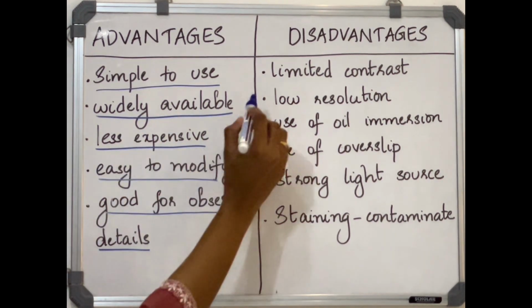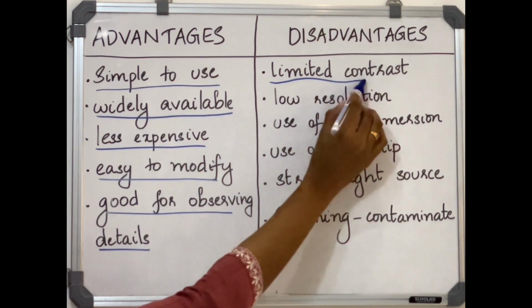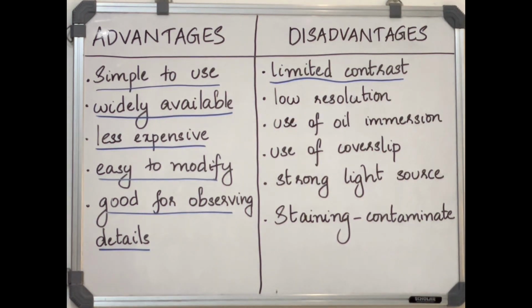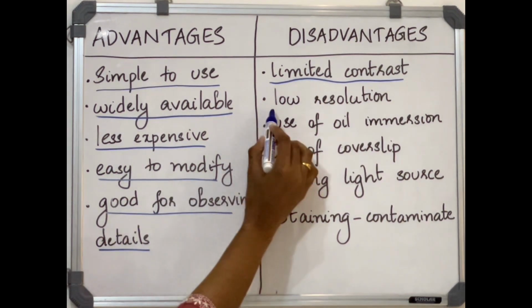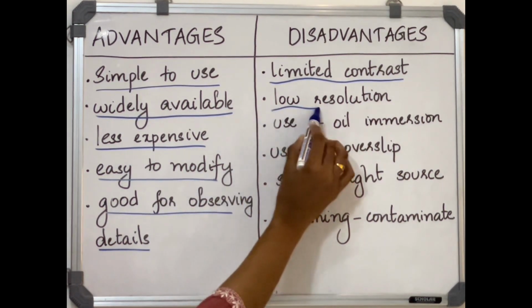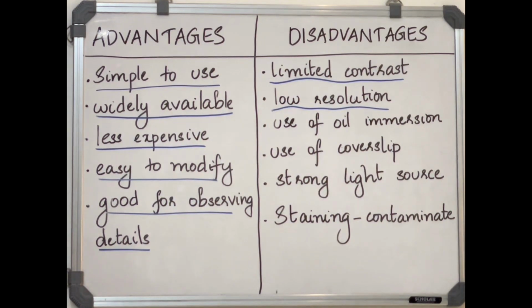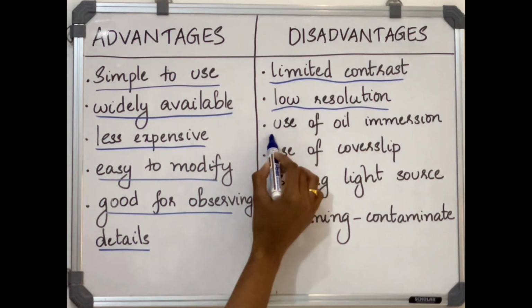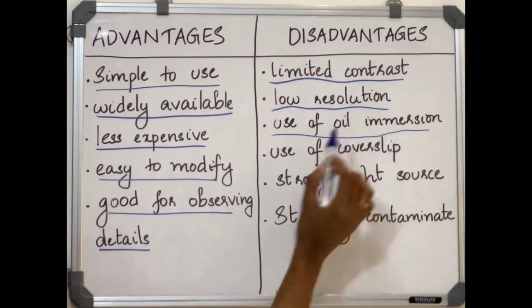The disadvantage is that it has limited contrast. As a result, we have to stain the specimen in order to increase the contrast of the image. And it also has low resolution when compared to microscopes like the phase contrast microscope and electron microscope. The use of oil immersion might distort the image.